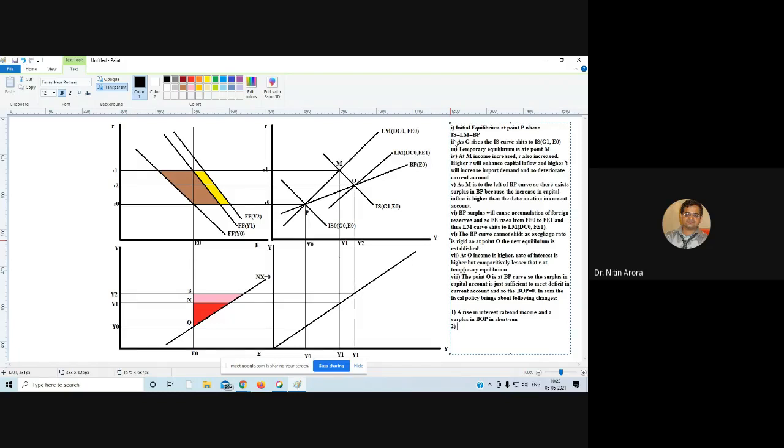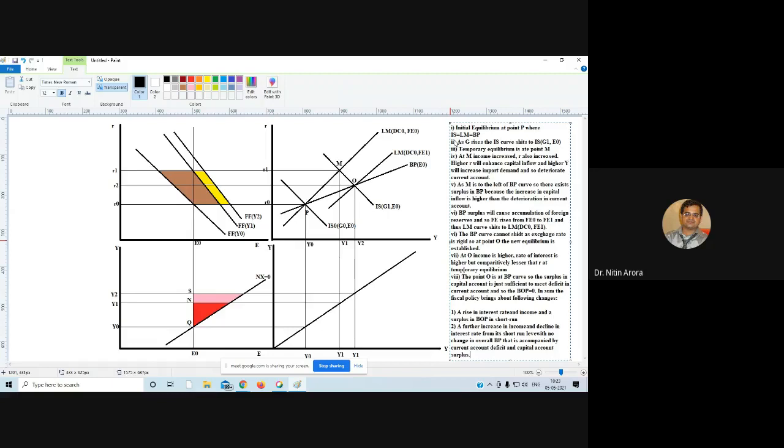Number two, a further increase in income and decline in interest rate from its short run level, with no change in overall balance of payment, that is accompanied by current account deficit and capital account surplus.